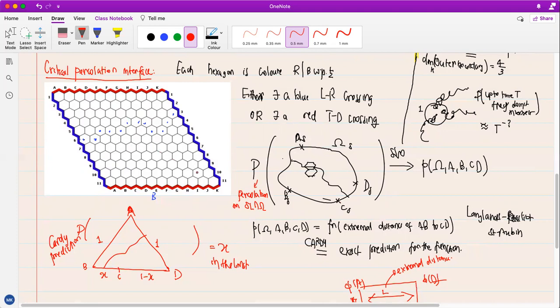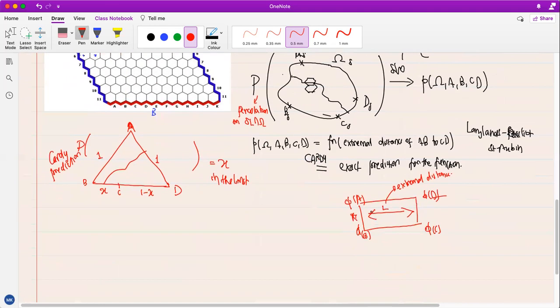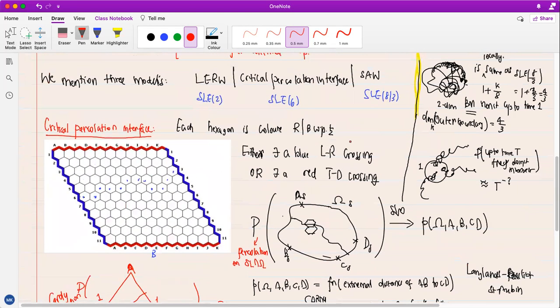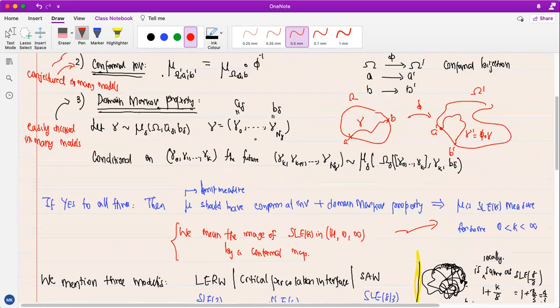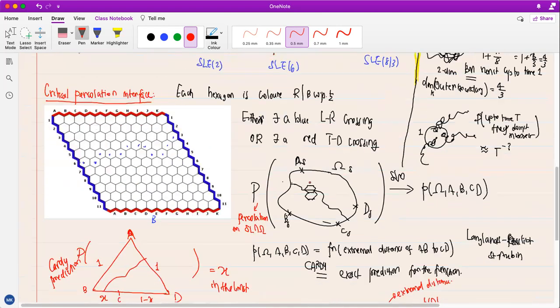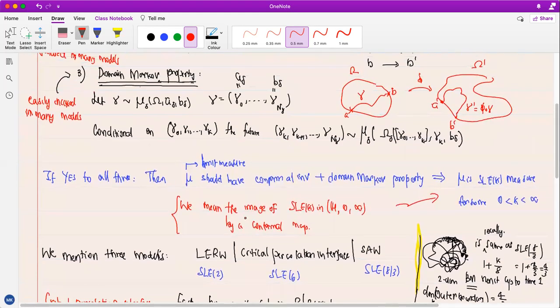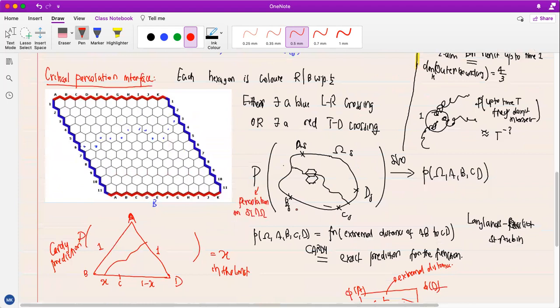At the level of simple probabilities, any function of extremal distance is conformally invariant, so you can't get a characterization. But at the level of distributions of random paths, Schramm was able to characterize the possible limits as SLE kappa. So you now know what the putative limit should be.